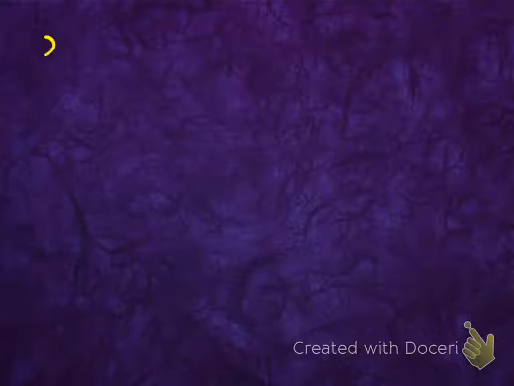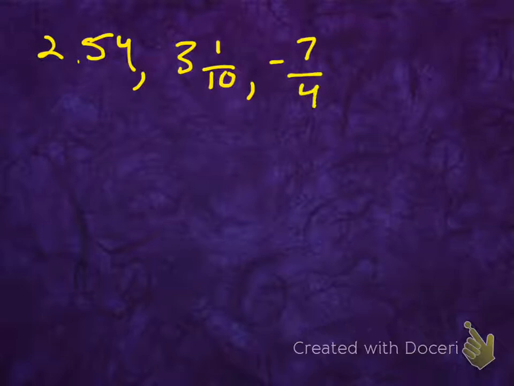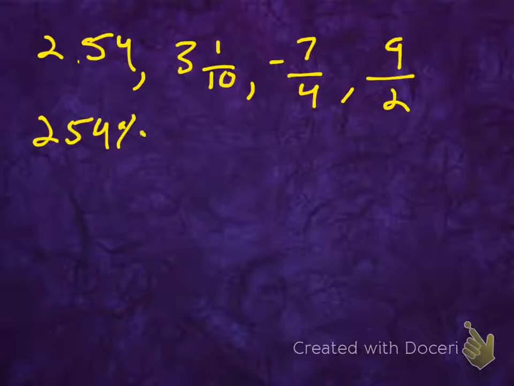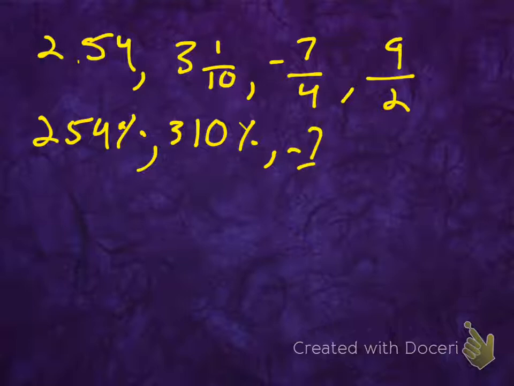So, I've got 2.54. I've got 3 1/10. Negative 7 over 4. And 9 over 4. Well, that's 254%. That's 310%. I'm not even going to convert negative 7/4 because it's the only negative. And then we have, oh, I'm sorry, that's 9 over 4, not 9 over 2.